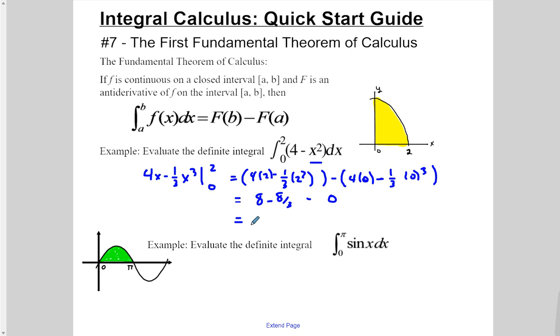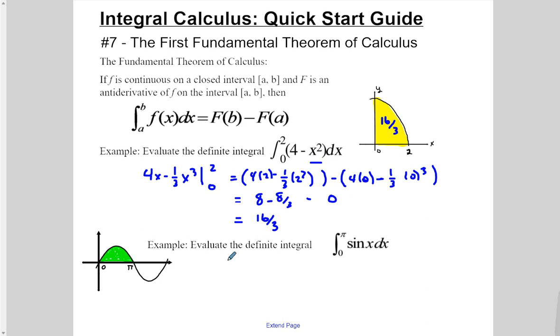So if we take 8 minus 8/3, that is to say 24 minus 8, or 16/3, we're saying that the area under the curve right here will be 16/3. Okay, not bad.